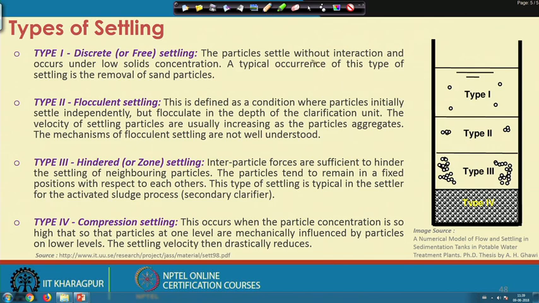This happens when there are low solid concentrations, when there is not enough interaction between particle to particle. This typically occurs if you have, let us say, sand particles. So, each particle settles by its own. That kind of settling is called type 1 settling or discrete settling.